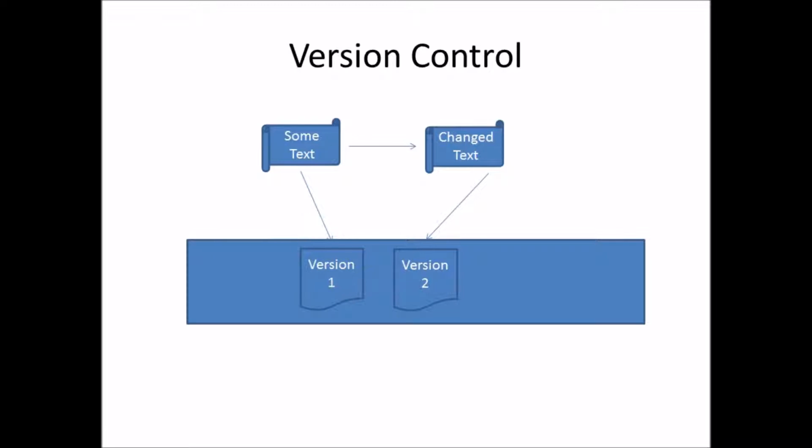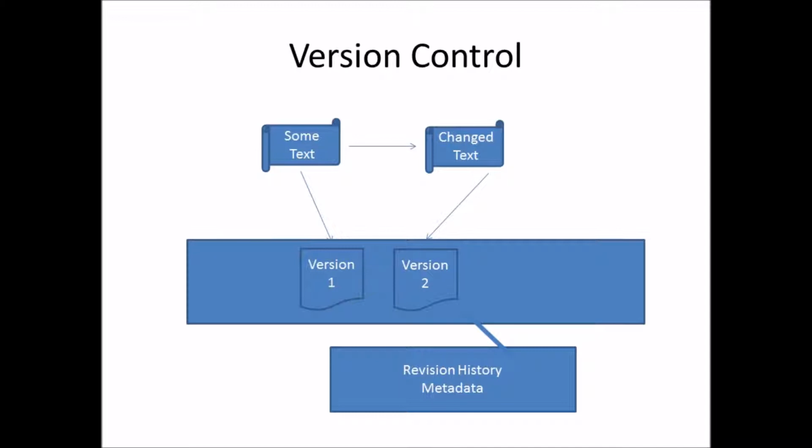It also allows us to know what the latest version is, so we can be sure that everybody is working off the same version, and it allows us to keep metadata about the history of the revisions of the file, so that we know who did what.